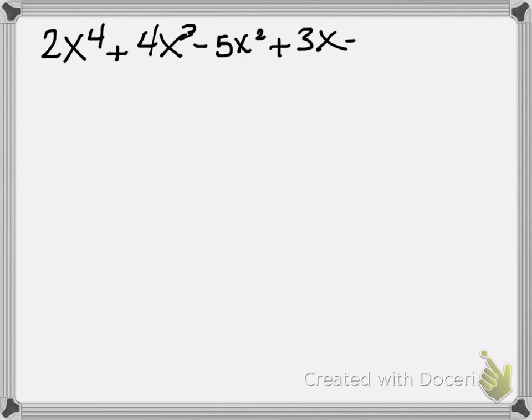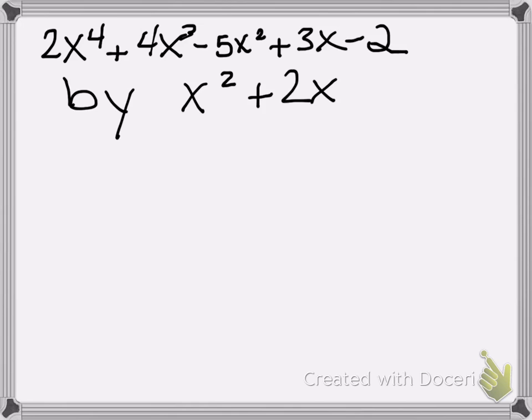We're going to divide 2x to the 4th plus 4x cubed minus 5x squared plus 3x minus 2 by x squared plus 2x minus 3.